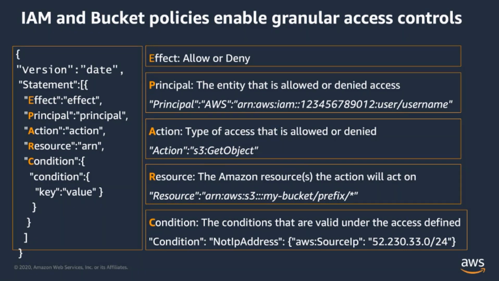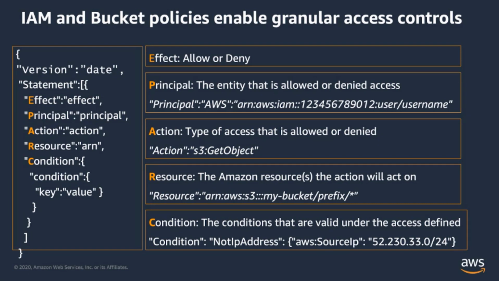Is there a tag on this object already? Are you coming in at HTTP or HTTPS? All of those things are the context of the request, and you can have conditional statements about them. So in this case, we have NotIpAddress, aws:SourceIp 52.230.33.0/24. So if the request is not within the subnet, then this condition would result to true.